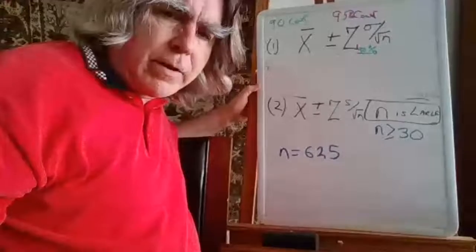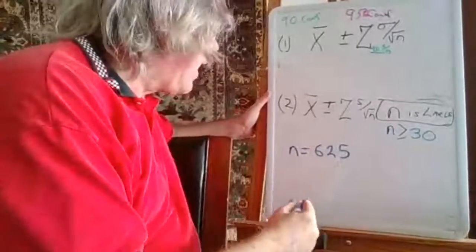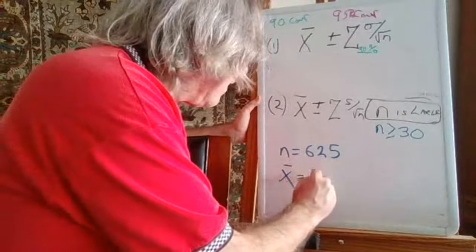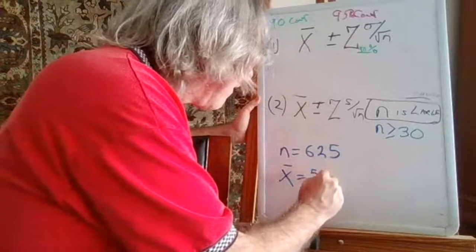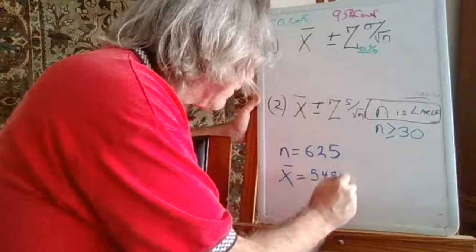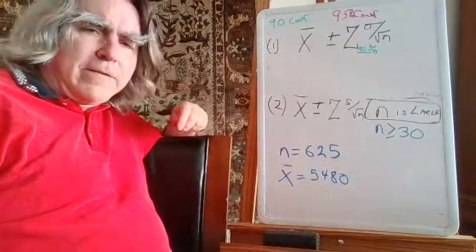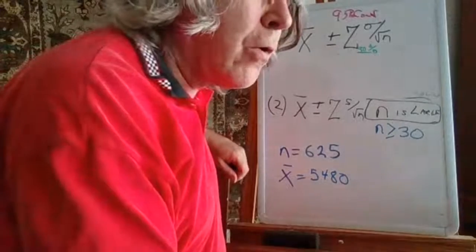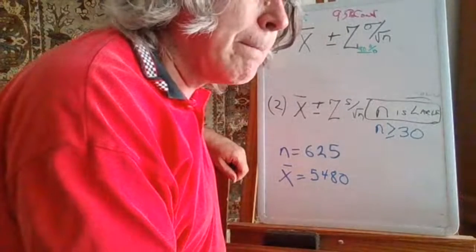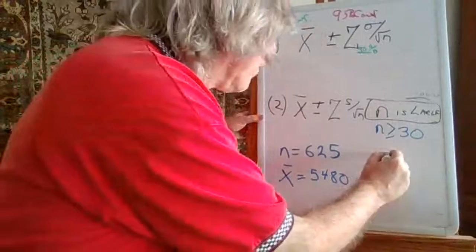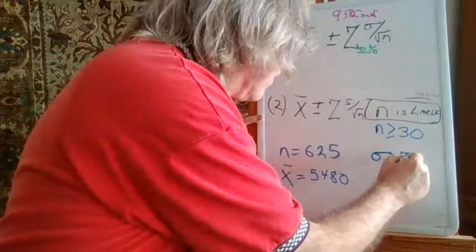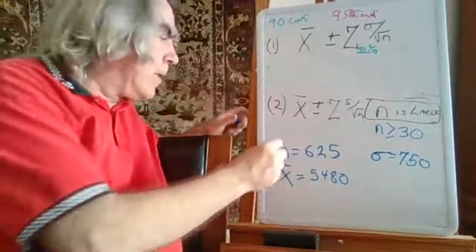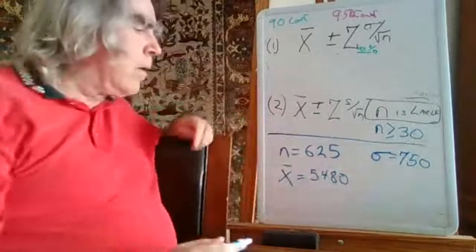Sorry, you can't see that. I'll bring that closer to me. Okay, and our average debt is 5480. Let us assume that we know what sigma is. Sigma equals 750.